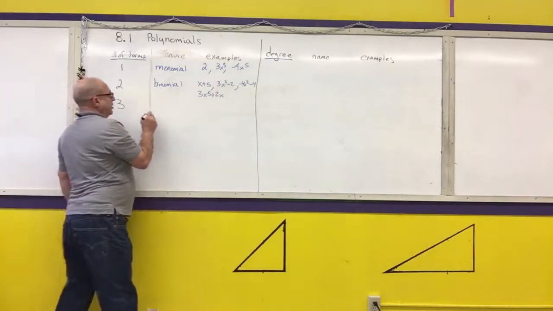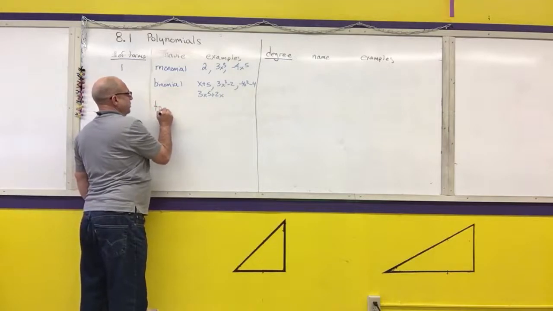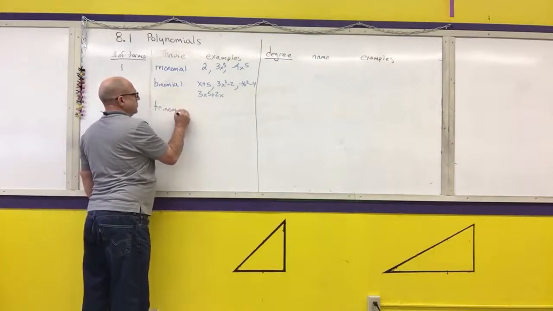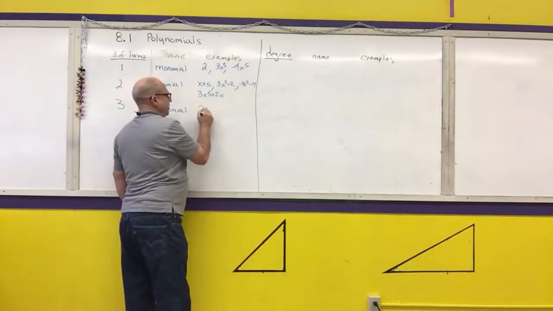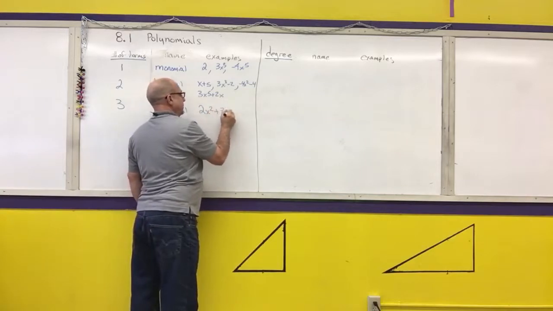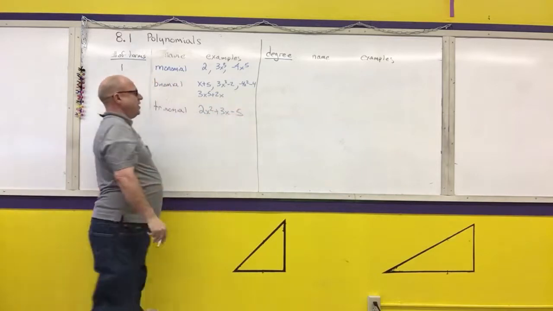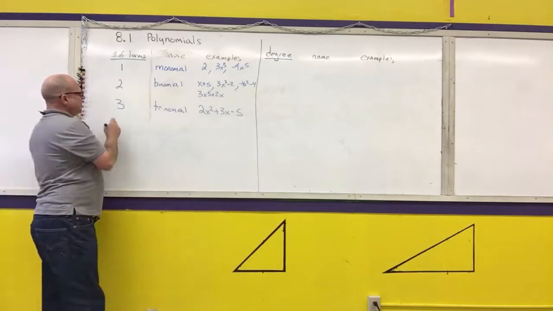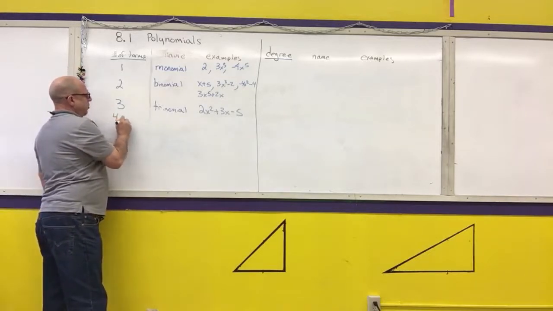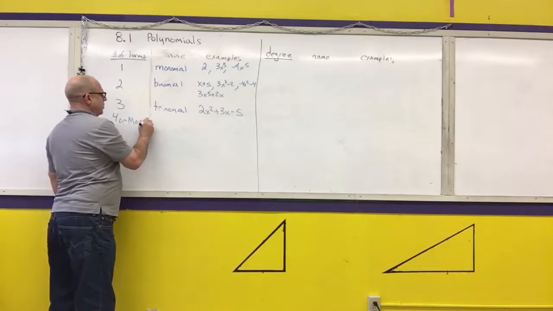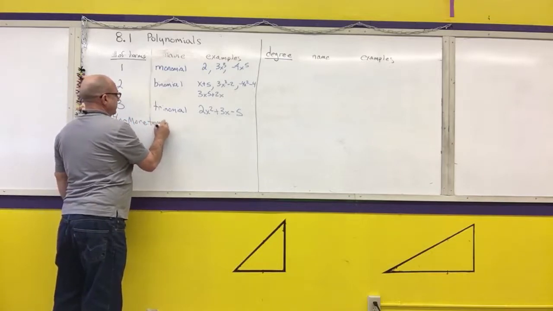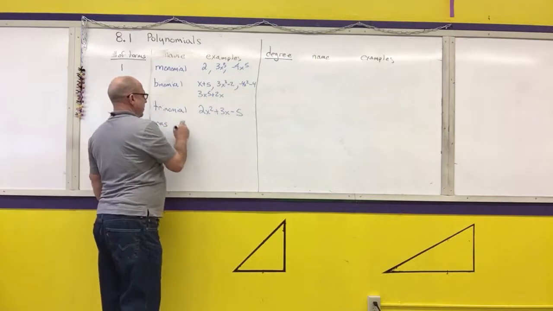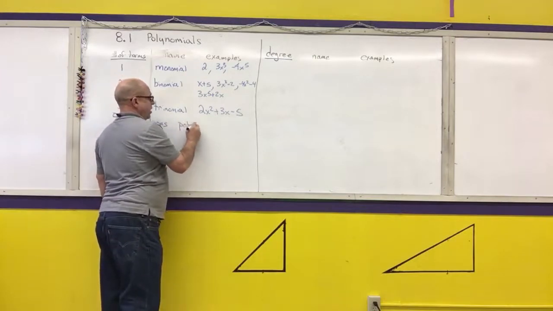Something that has 3 terms, we call a trinomial. An example would be 2x squared plus 3x minus 5. In general, anything that has 4 or more terms, we call a polynomial. Just call it a polynomial.